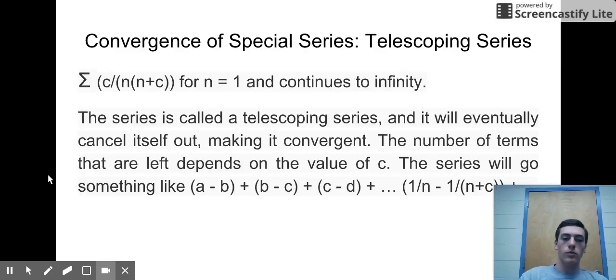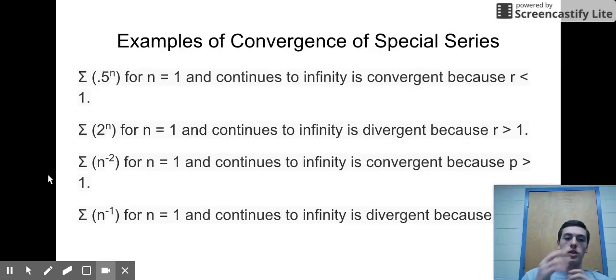So here are some examples. Just because a series is telescoping, it will always converge. I decided not to include examples of those, but I did include p-series and geometric series. Let's say you have the sum of 1/2 to the n for n equals 1 to infinity.